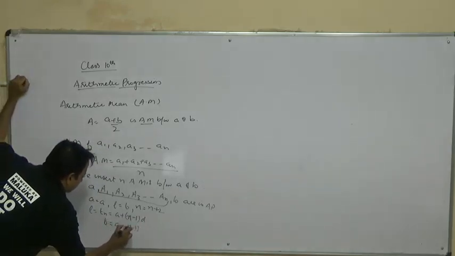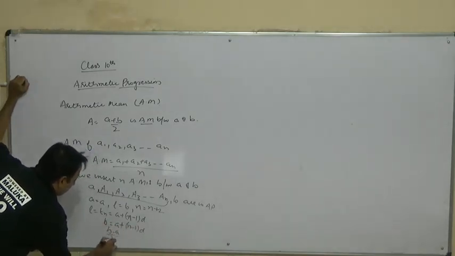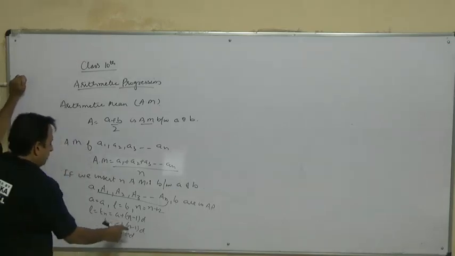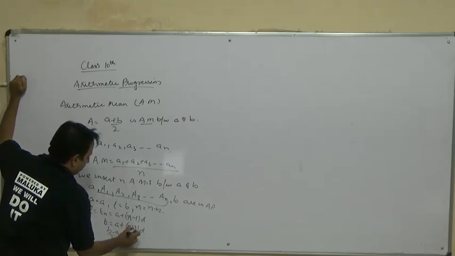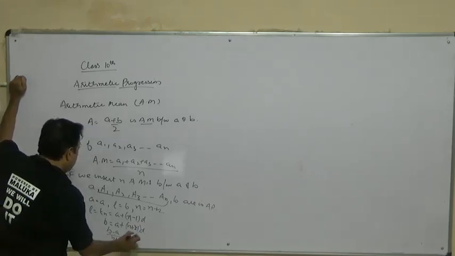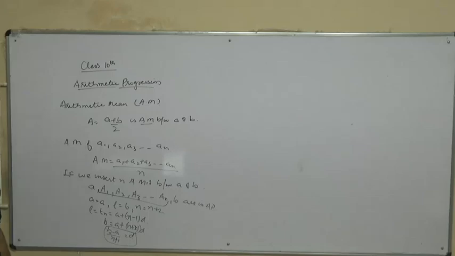So D = (B minus A) upon (N minus 1). N plus 2 है, इसमें से minus 1 करेंगे तो क्या आ जाएगा? N plus 1. So ये हमारा D आ जाएगा. इसको हम सब्स्टिट्यूट करके we can find the different values of arithmetic means.